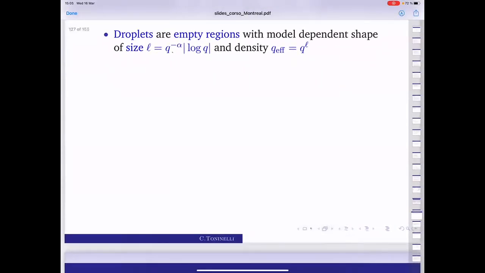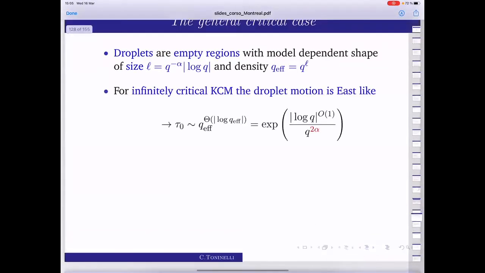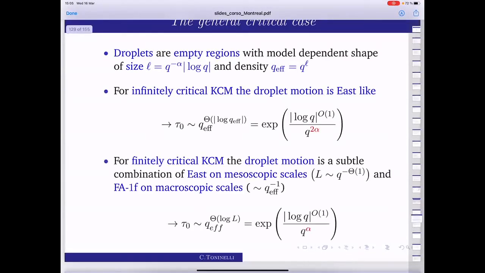Then the two behaviors for infinitely critical and finitely critical are as follows. In one case, these droplets can only move east-like, because there are some directions in the opposite semicircle which have an infinite difficulty.